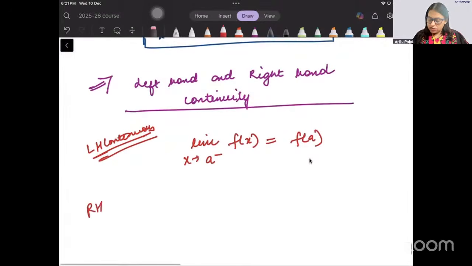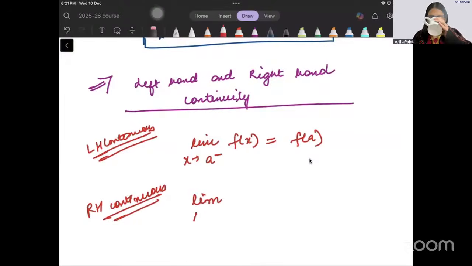And a function is right hand continuous if limit x tends to a plus f(x) is equal to f of a. This is called one side or one hand continuity.